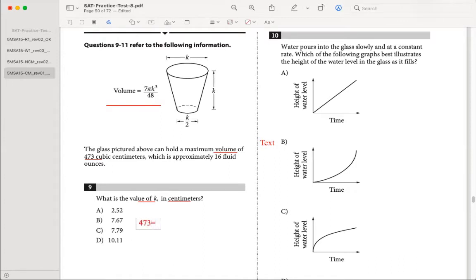473 equals 7 pi K to the power of 3, all divided by 48. And then from there, you can multiply out by 48, times 48. Then you divide that by 7 pi. And then you cube root that.